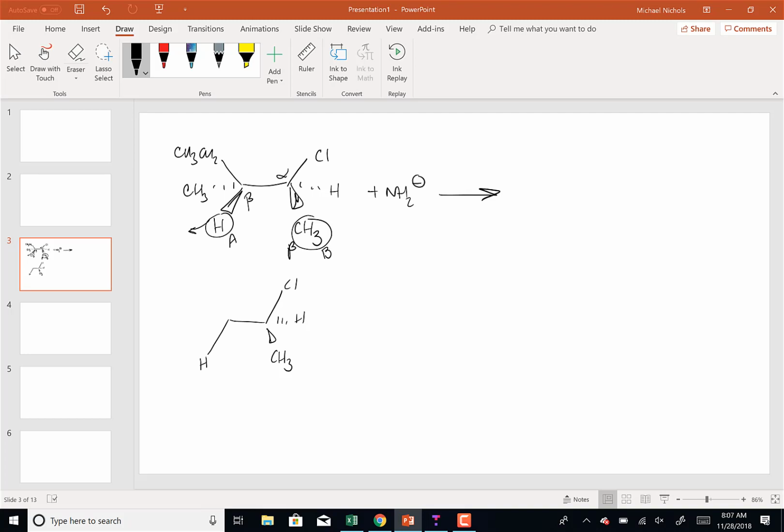And that means that this group is going to come forward, and the CH3 group is still going to be in the back, because I'm making a 30-degree rotation.